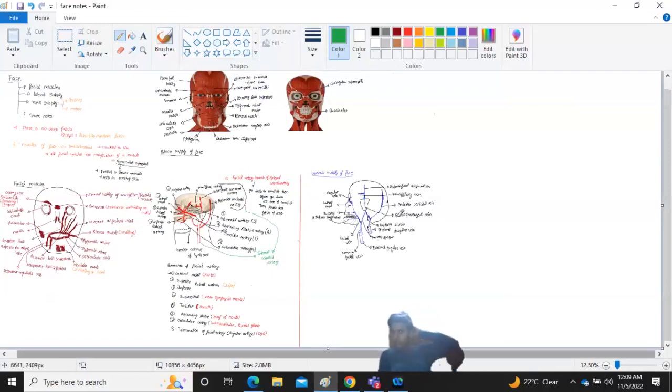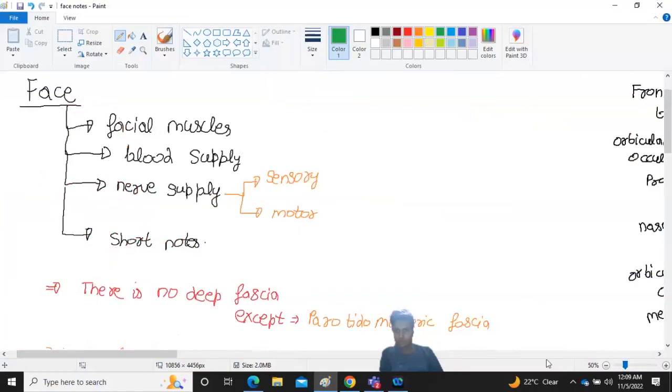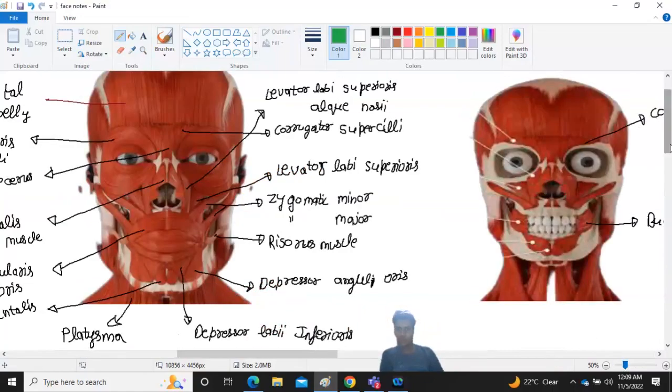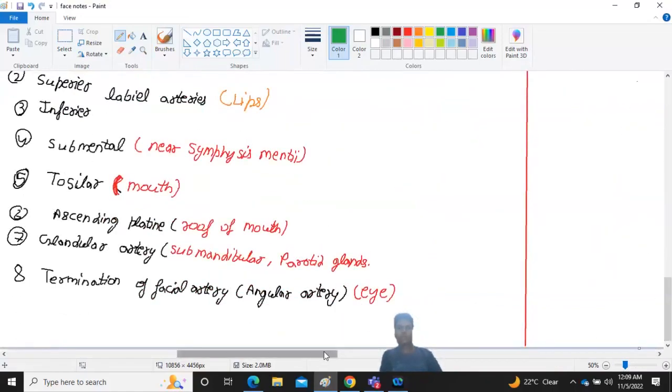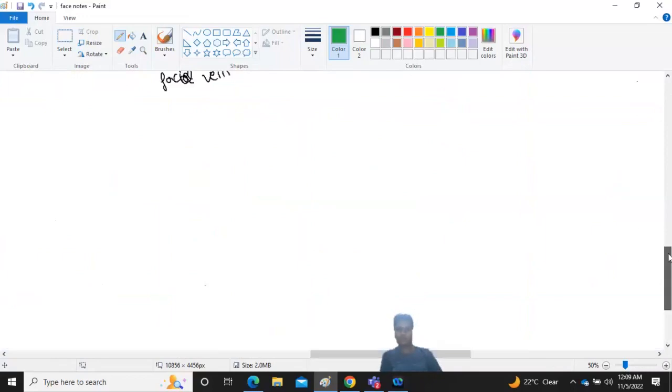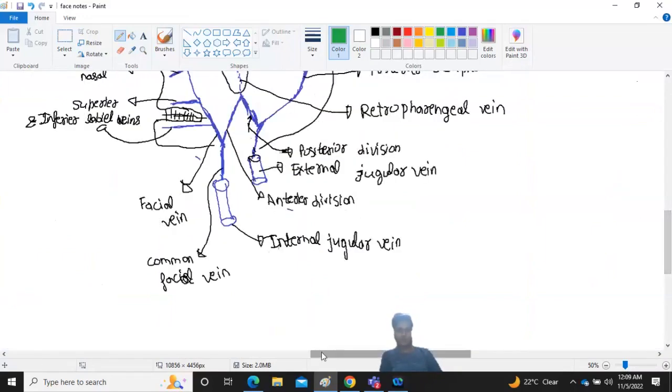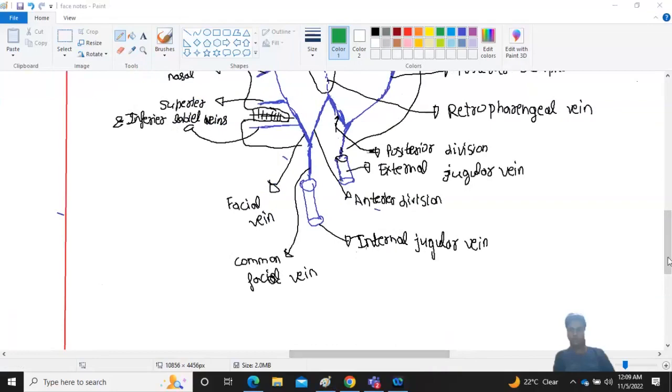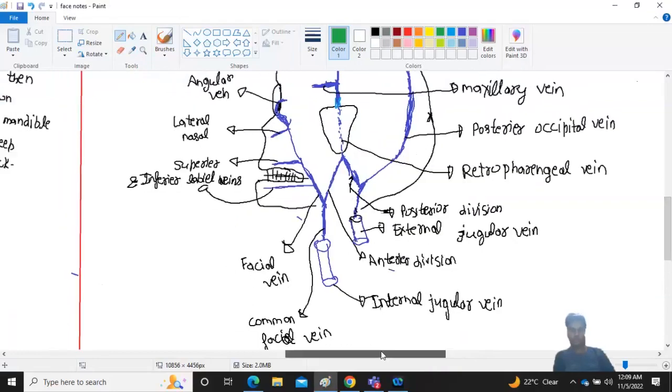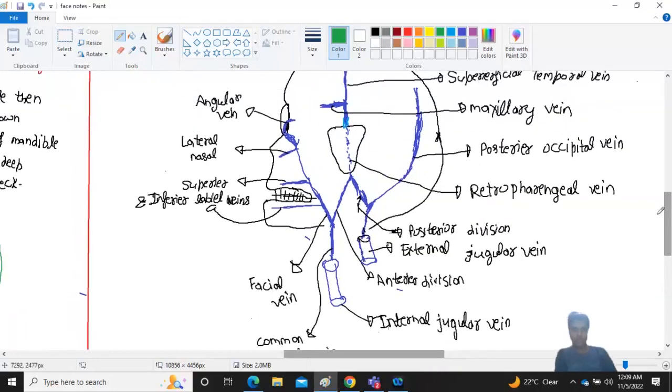The venous pattern is similar to the arterial pattern, just a ditto copy. So here we can write the veins. Naming the veins: 1, 2, 3, 4.